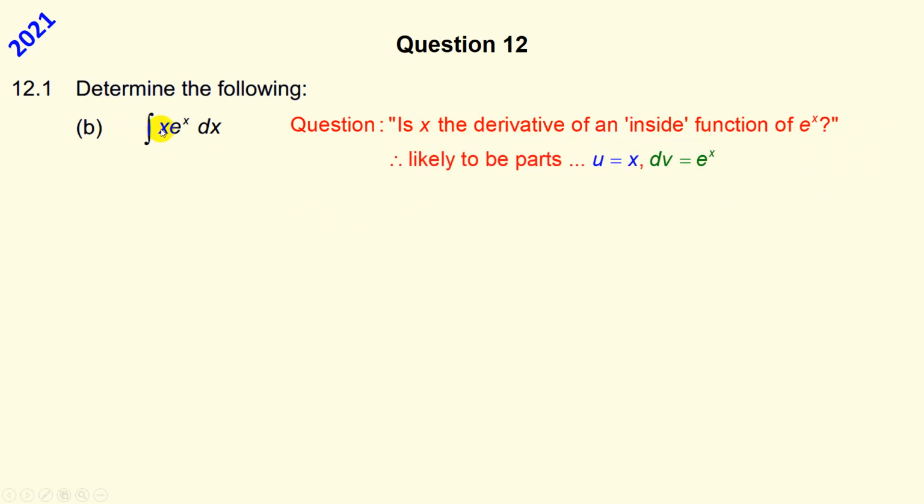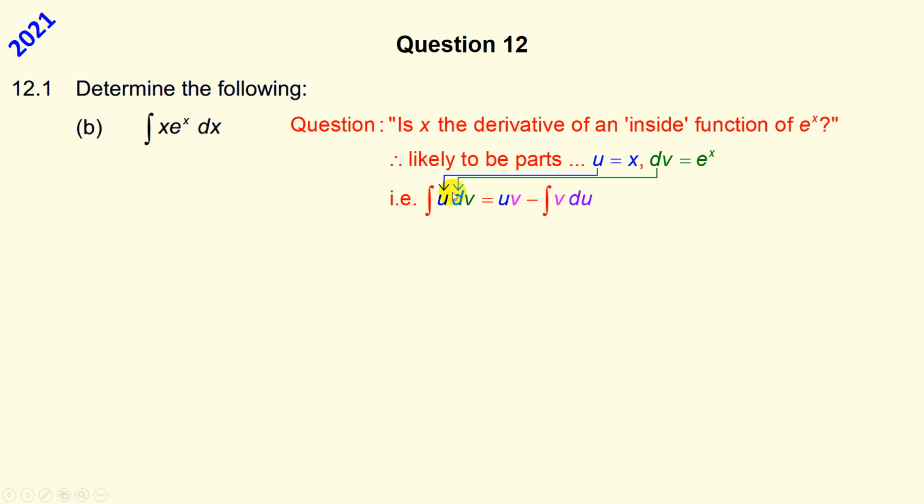And now remember parts, we start with a function and then the derivative of a function. X, u and dv. Here we are. Integral u dv equals uv minus integral v du. Now u we know is x.